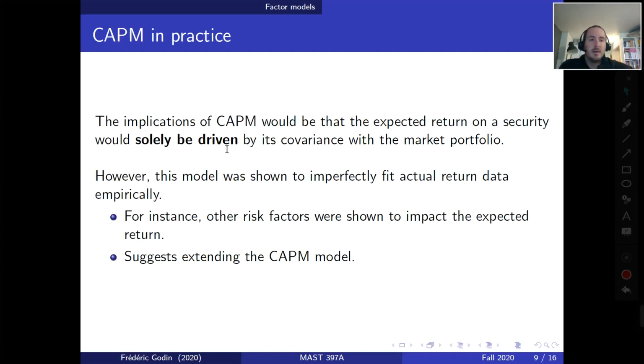So we have a nice theory, the CAPM, but some people have tried to apply it on some data, and they've identified shortfalls about this theory. So this suggests that we might want to extend the CAPM to also include the impact of these other risk factors on the expected return of a security or a portfolio.